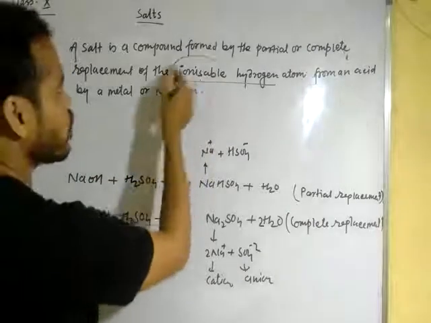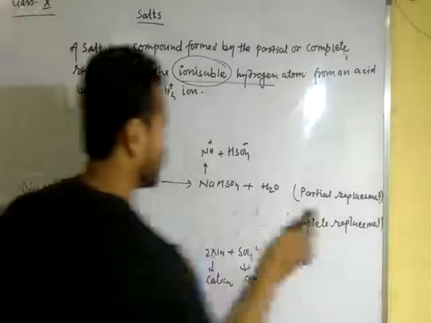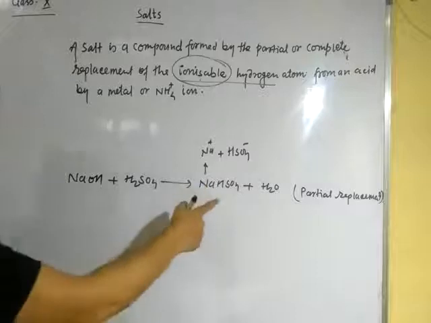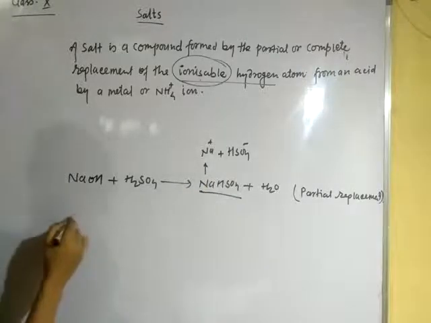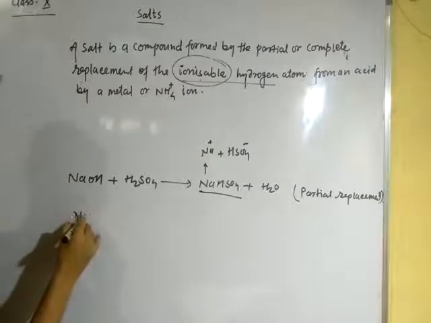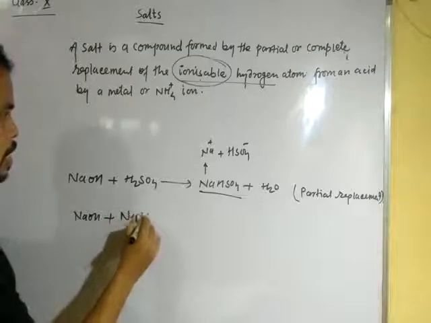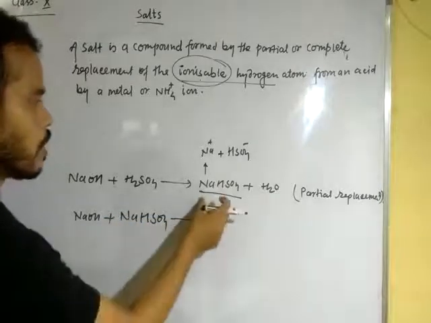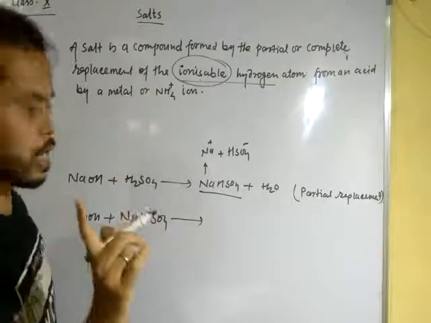Here written ionizable. Ionizable means, let us see the reaction. Here partial replacement takes place. Now, if sodium hydroxide is treated again with NaHSO4, sodium bisulfate, we know that in sodium bisulfate one replaceable hydrogen atom is present.